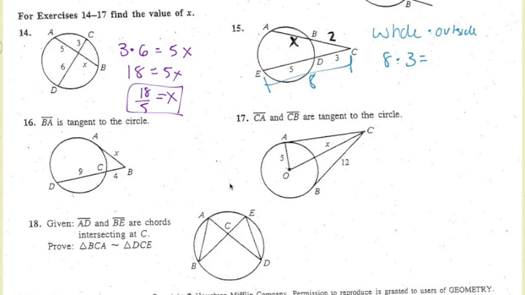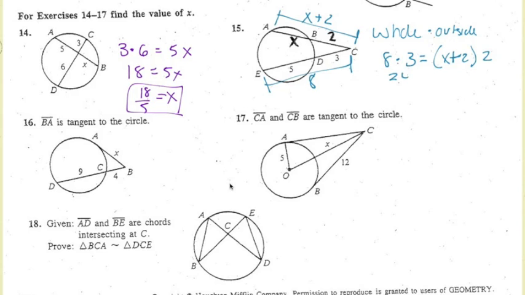For the top one, what is the whole length? 2 plus x or x plus 2. Doesn't matter what order you do it, but it's not just 2x. We're adding those together. So 2 plus x or x plus 2 is the whole length, times the outside, which is 2.